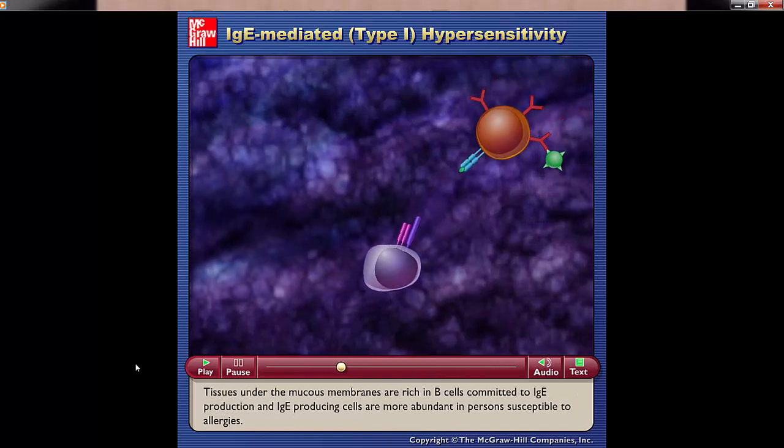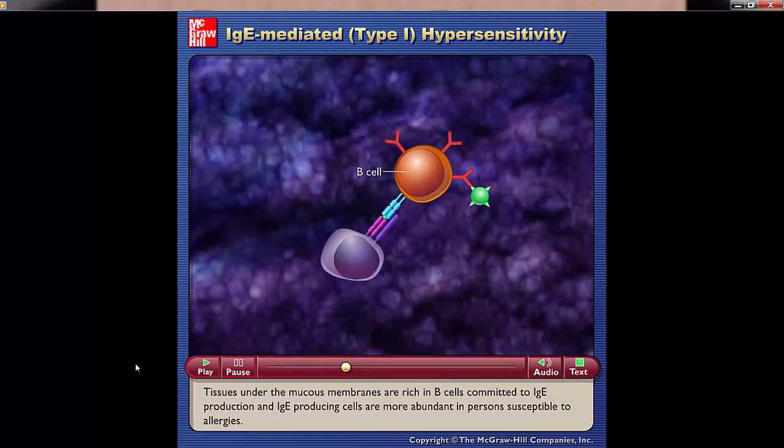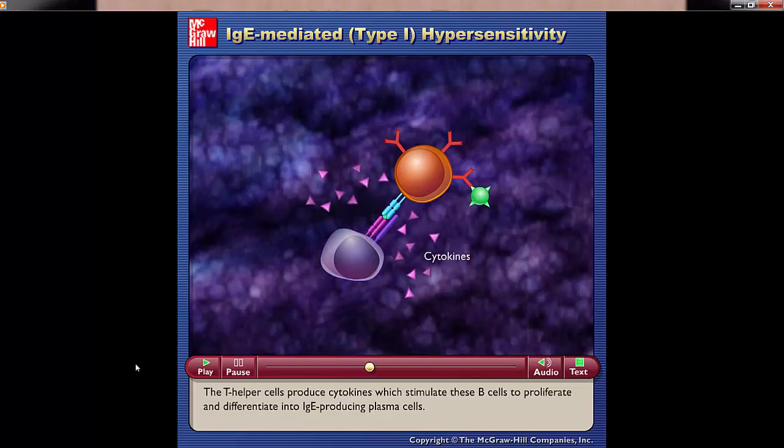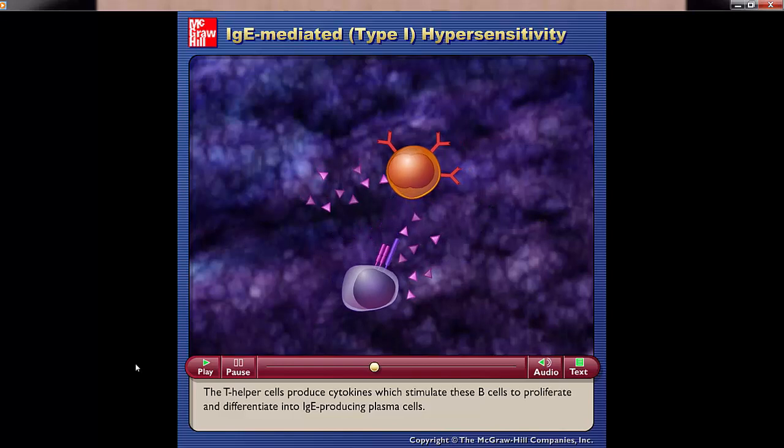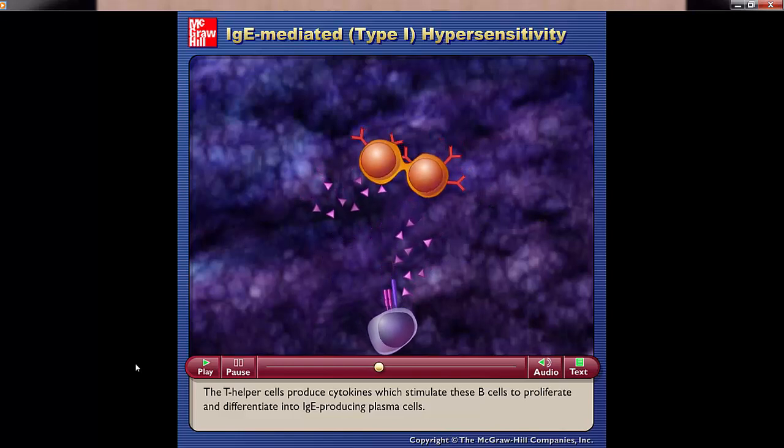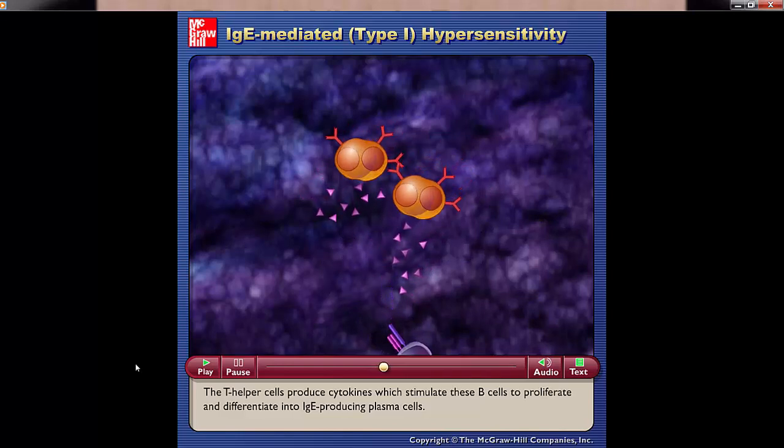Tissues under the mucous membranes are rich in B cells committed to IgE production, and IgE-producing cells are more abundant in persons susceptible to allergies. The T helper cells produce cytokines which stimulate these B cells to proliferate and differentiate into IgE-producing plasma cells.